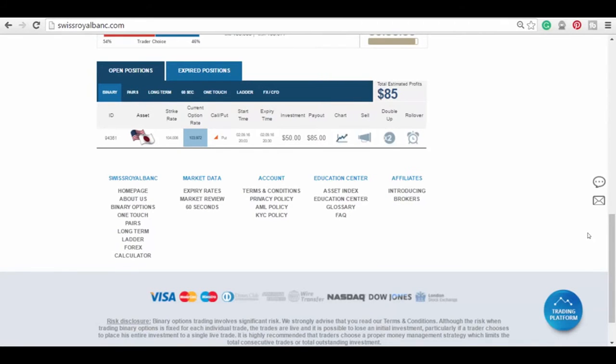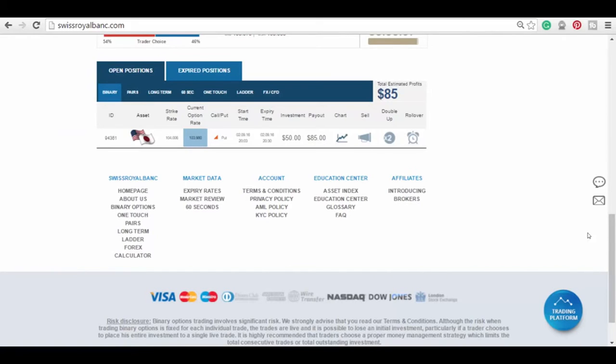I am back. So we have 1 more minute to go on this last trade. This is our USD JPY. So far, it's been doing good. It's still in the money. Okay, looks like we're finishing up strong.